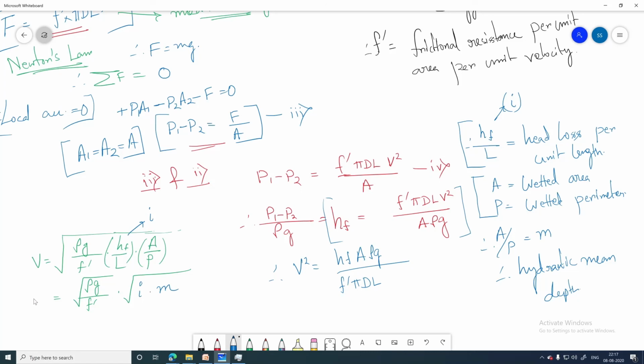So ultimately we get V equals root over of rho g by F dash into root over of im.